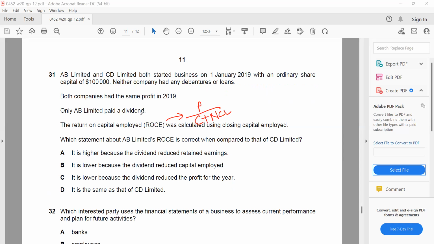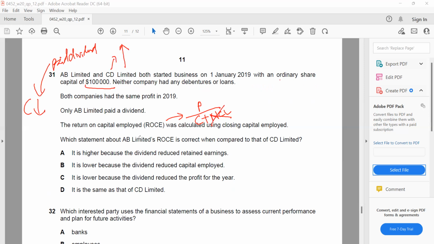So what we got to see is that since both have the same 100,000, there's no loan and debenture, that means no liability. But only AB pays dividend. When paying dividend, the end year capital is lesser. Okay, this one should be higher.